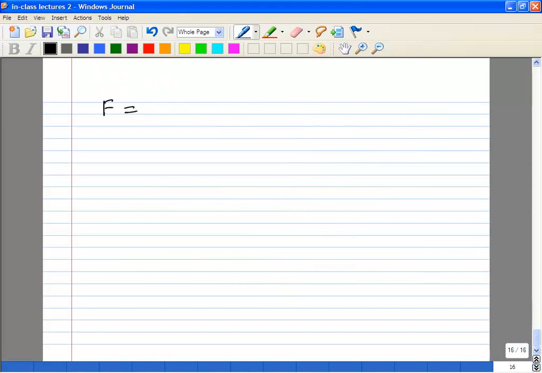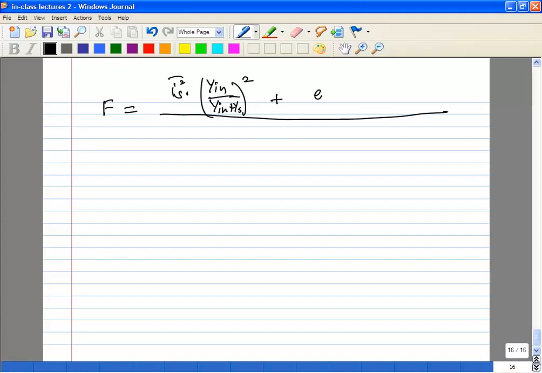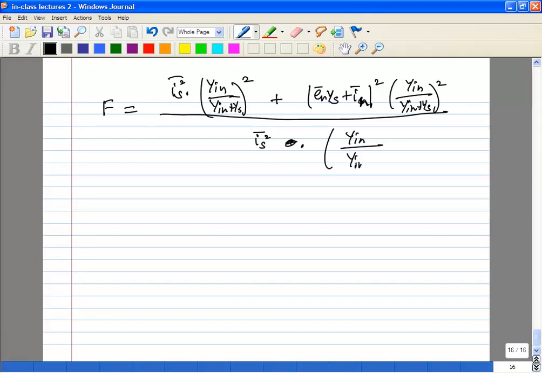So what is F? Is squared plus the modulus squared of the In plus En term, over the noise power due to the source alone. So total output noise power over noise power due to source alone.